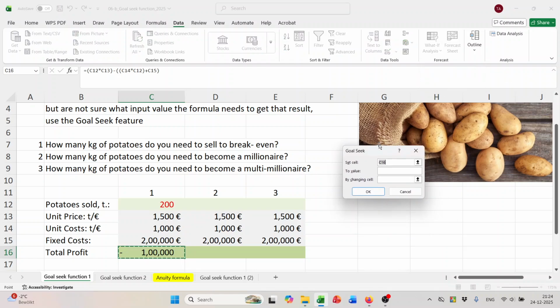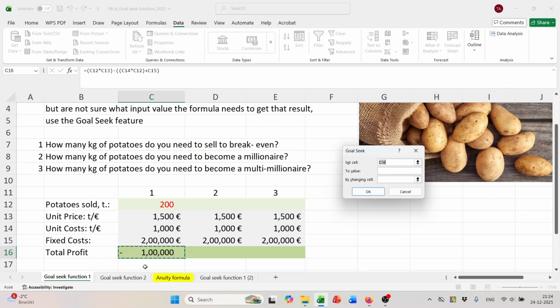So Set cell means which cell do we want to reach our goal. Our goal is to change the total profit, because the question is how many kg of potatoes do you need to sell to break even. Break even means the total profit should be 0.